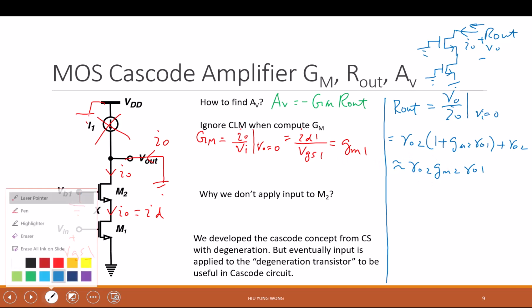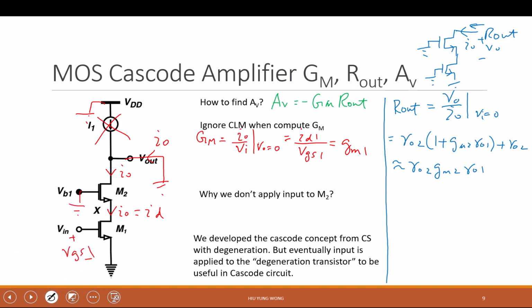Okay. So what is the total gain now? AV equals negative GM Rout, which is equal to negative GM1 RO2 GM2 RO1, correct? I just combine them together.